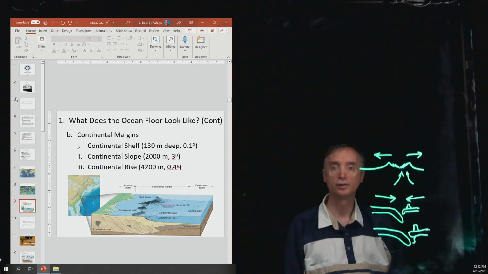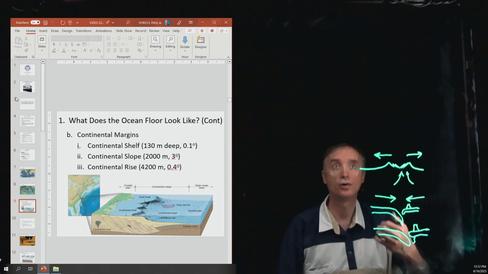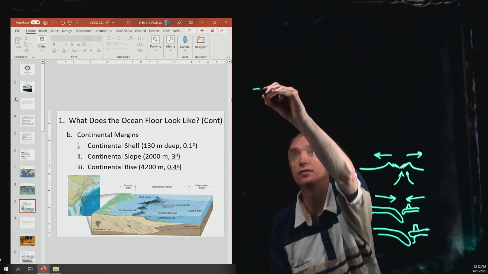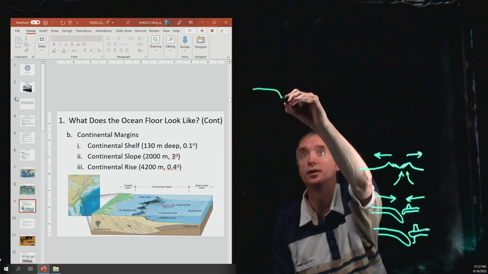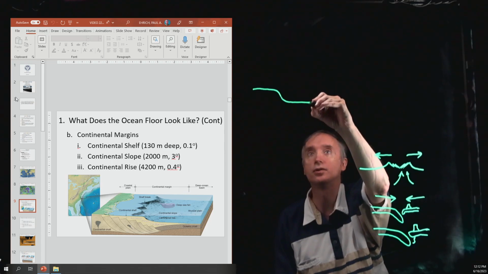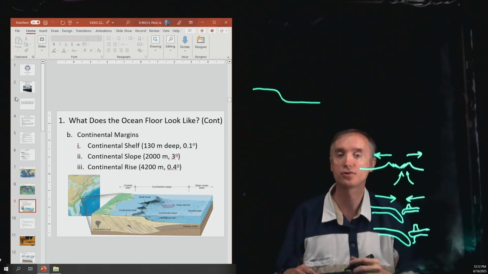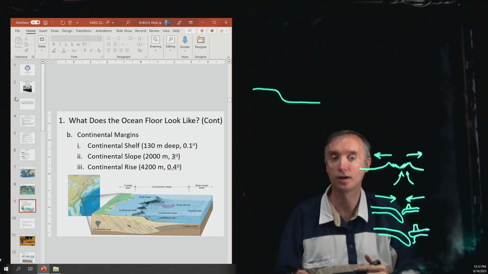Okay, so now let's talk about what the ocean floor looks like, and we're going to start with the continental margins. So over here, let's put it over here. We're going to start with a continent, okay, and then it's going to go on to the ocean floor. So the continental shelf is going to be an extension of the continent.